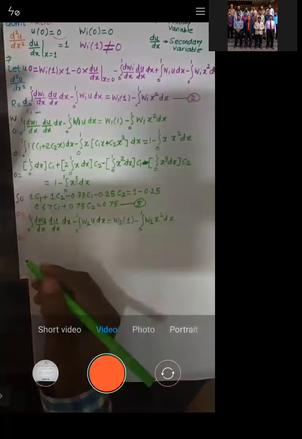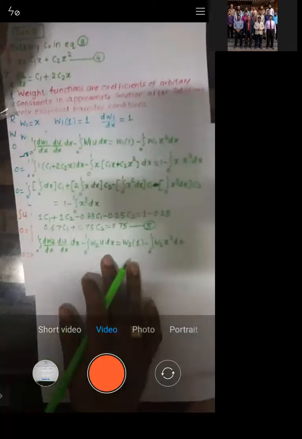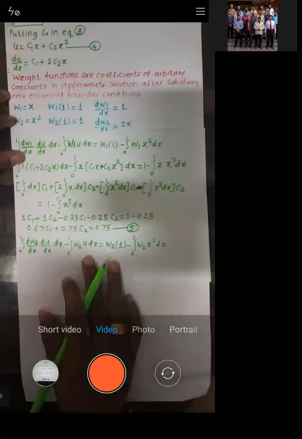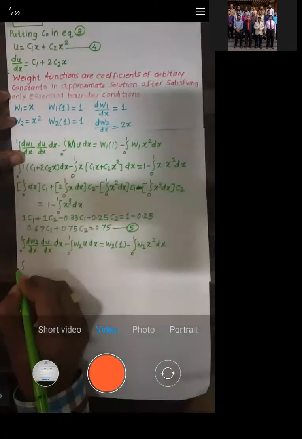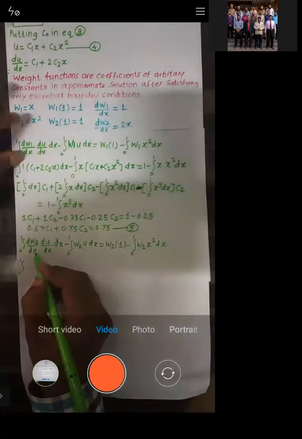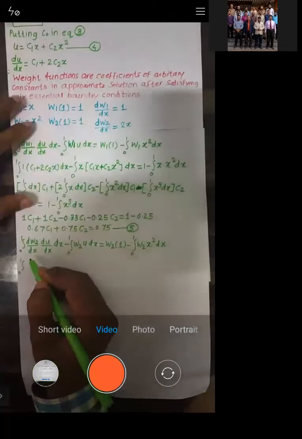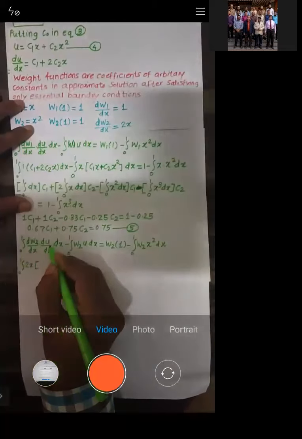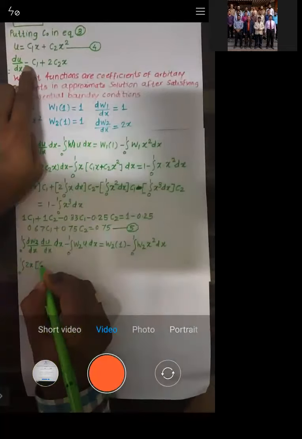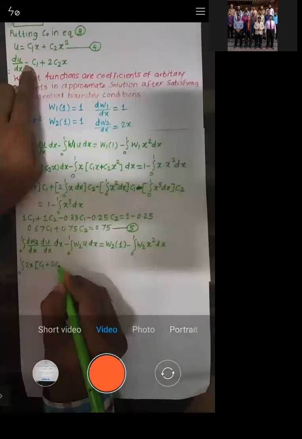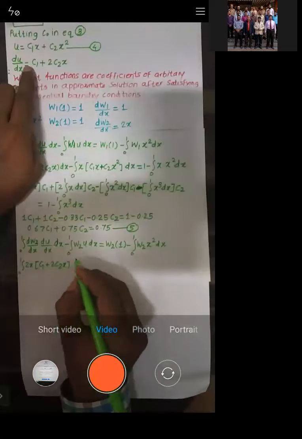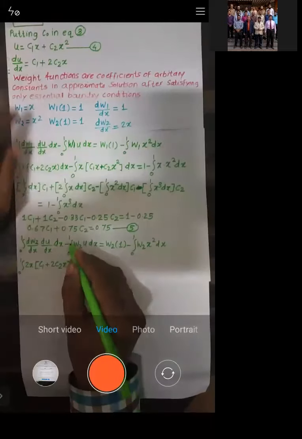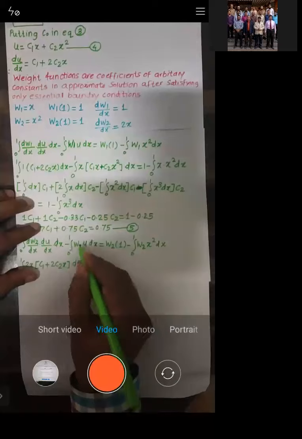Now let us put the values which we have just obtained. So integration 0 to 1, dw2 by dx is 2x, into du by dx, which is c1 plus 2c2x, into dx, minus integration 0 to 1 w2.